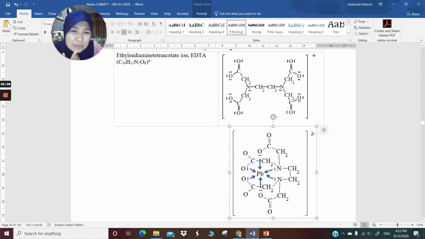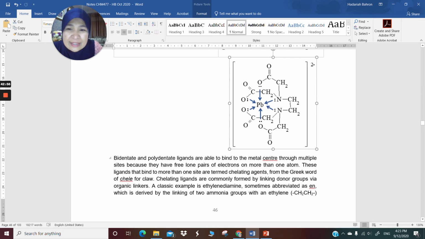So 1, 2, 3, 4. And 2 more. One oxygen here is this and another oxygen here is that. So you have 6 donor atoms in EDTA, making EDTA a polydentate ligand.